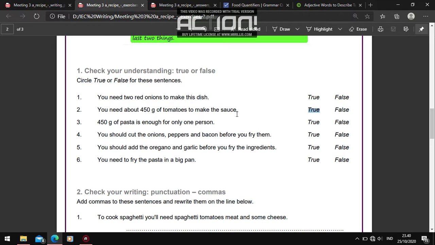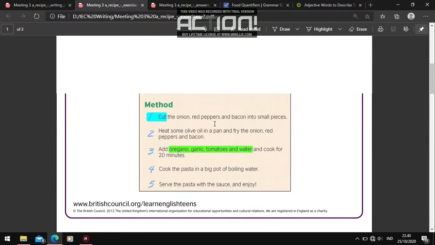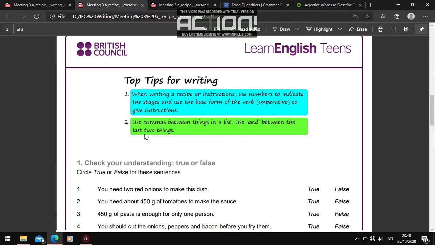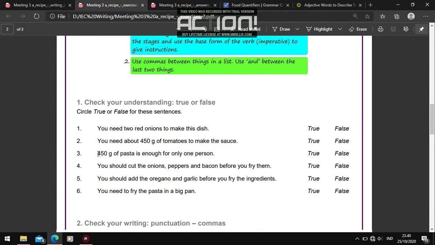Okay, next number 3. 450 grams of pasta is enough for only one person. Is it enough for one person? See, it's only 50 grams of pasta per person, so it's not 450, it's only 50.